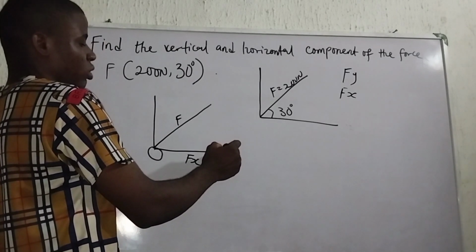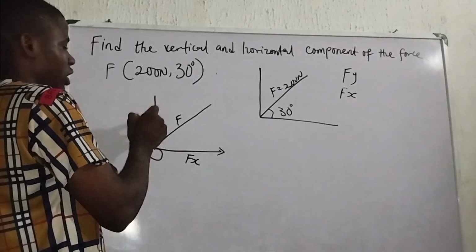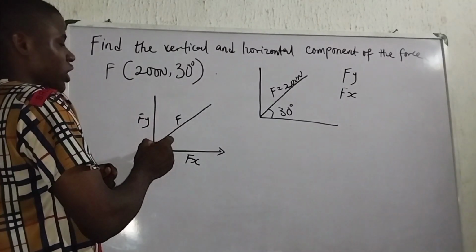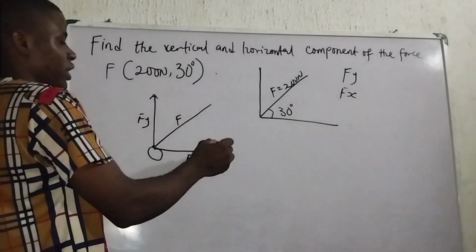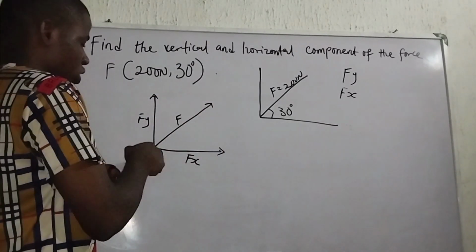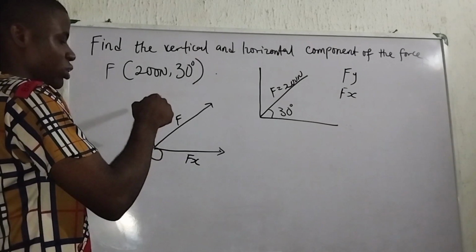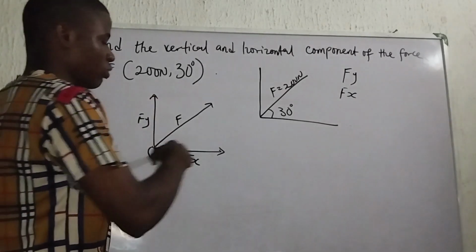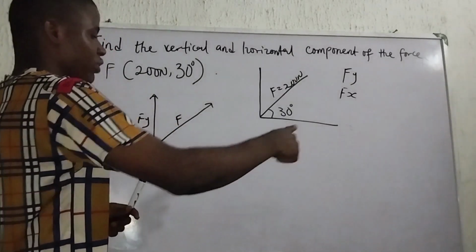The vertical component of the force is this one, the Fy. The force that will tend to move this ball upwards is known as its vertical component, while the force that will tend to move it horizontally, forward, is the horizontal component of the force.